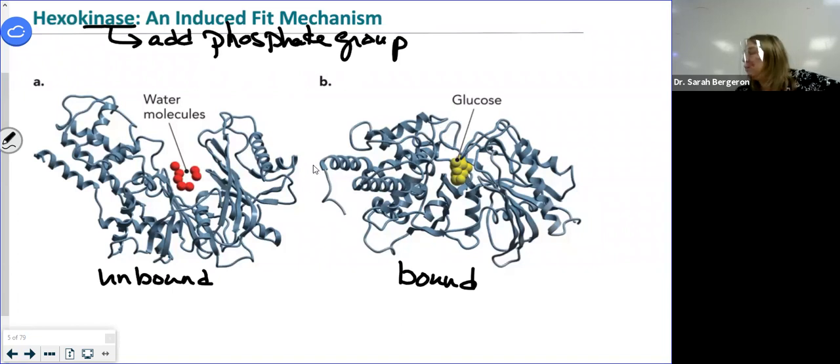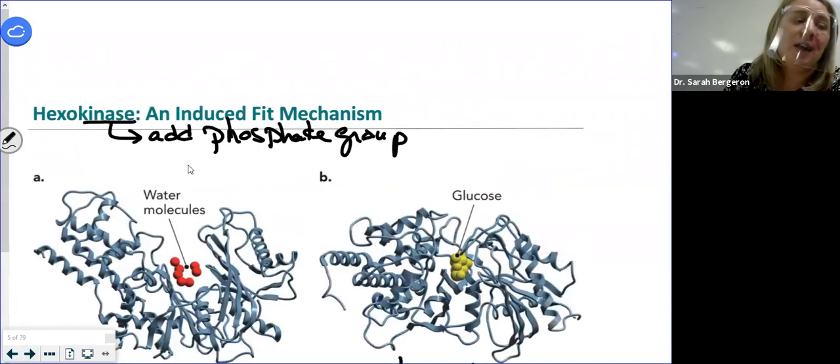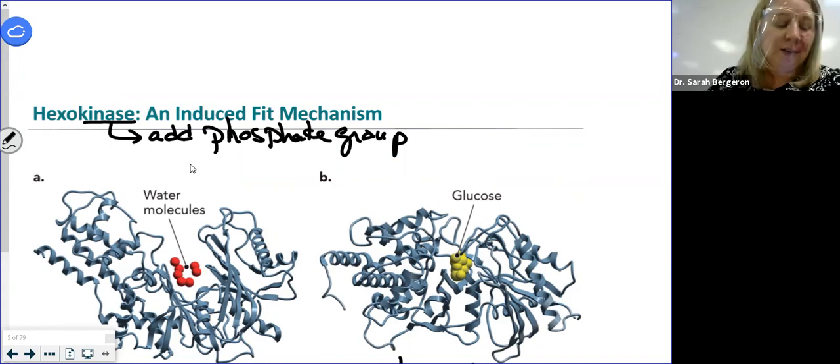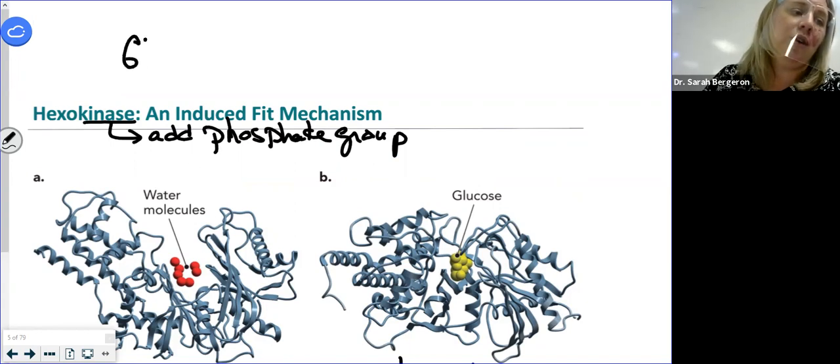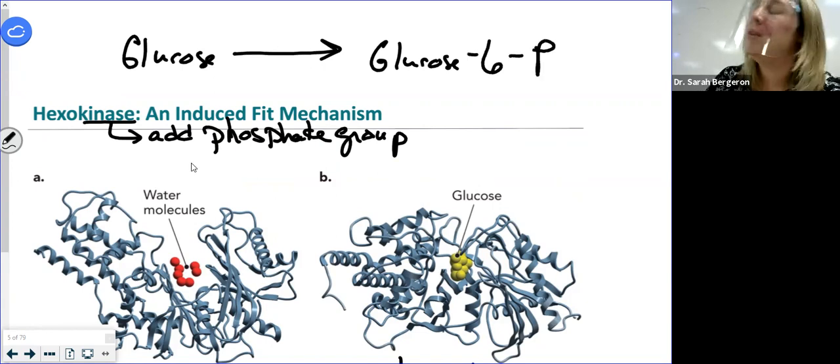So where does the phosphoryl group come from? It comes from ATP. Whenever you see it written in glycolysis and all that kind of stuff, what you're going to see is glucose turning into glucose 6-phosphate. What is that telling you?